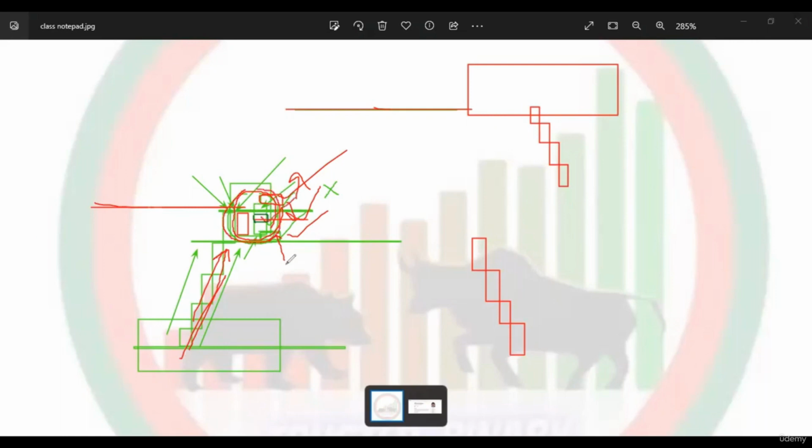If this candlestick is a weak candlestick, not so strong, volume is high here, or volume is high here.